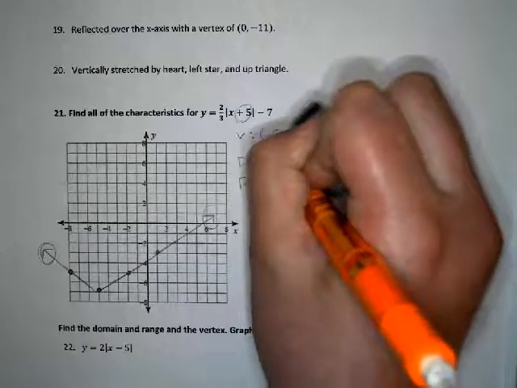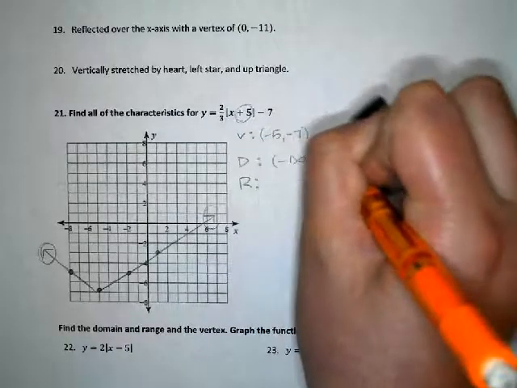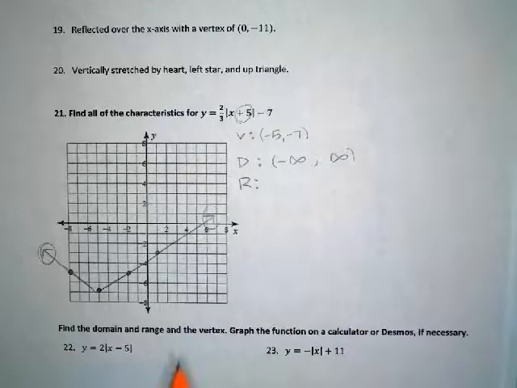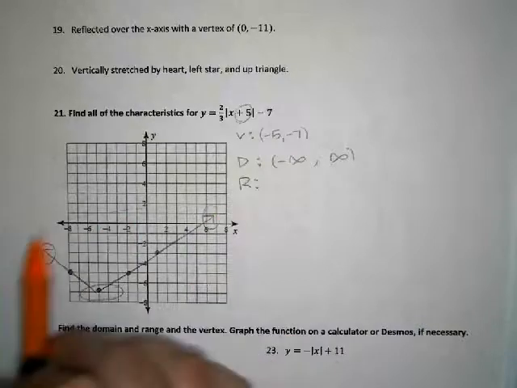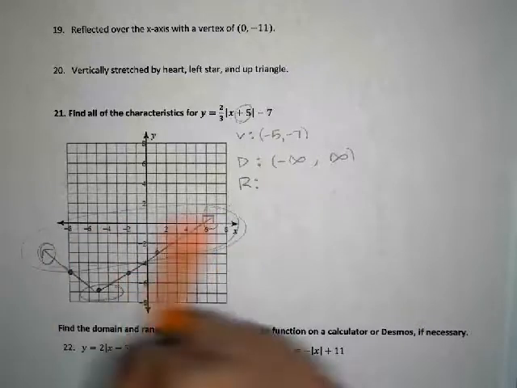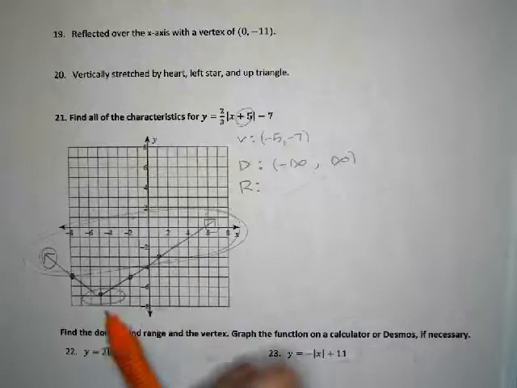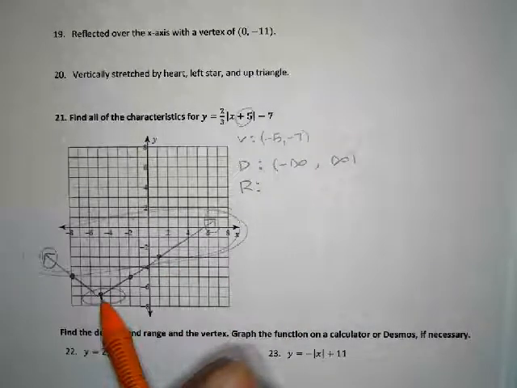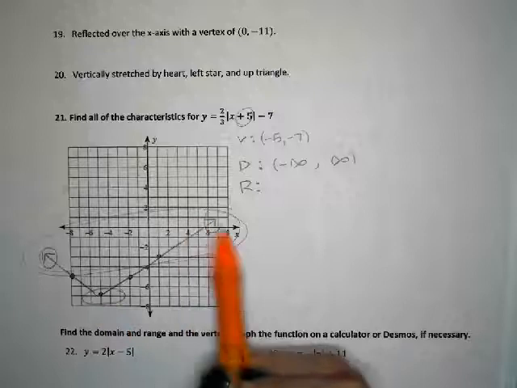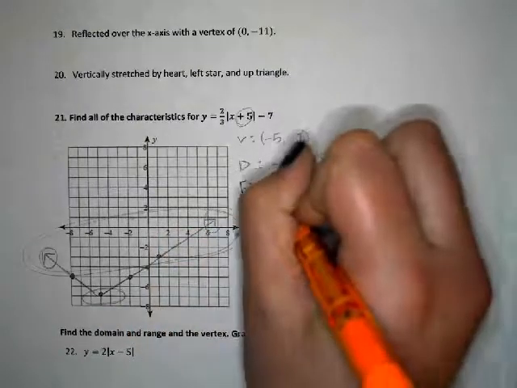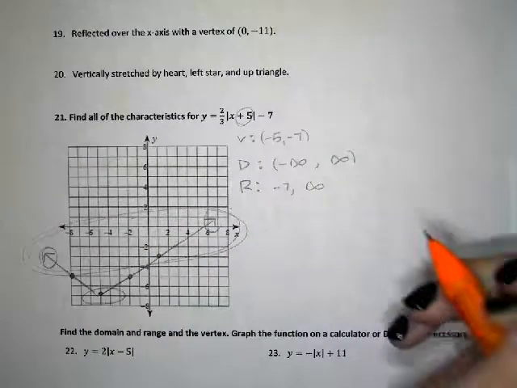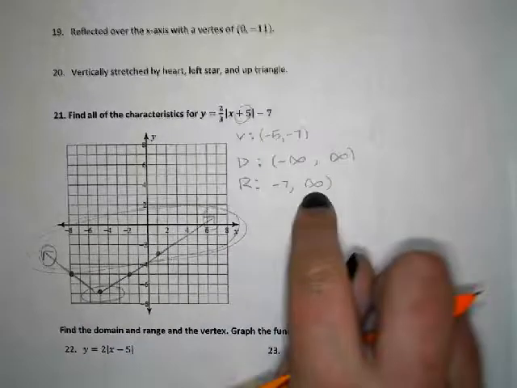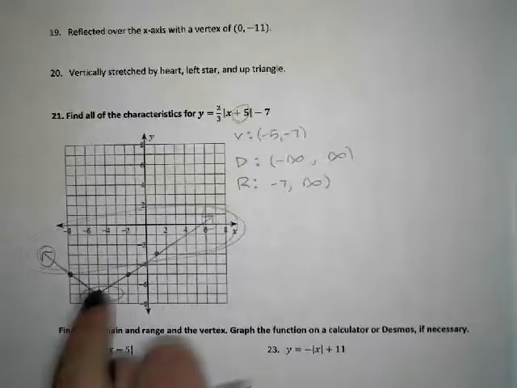The left arrow is -infinity, the right arrow is +infinity. For range, we think about how far down the graph goes and how far up. The graph goes down to -7, and then it goes up to arrows, so that's forever. That gets infinity. -7 I can put my finger on, so that gets a bracket.